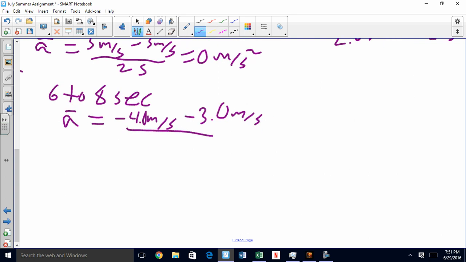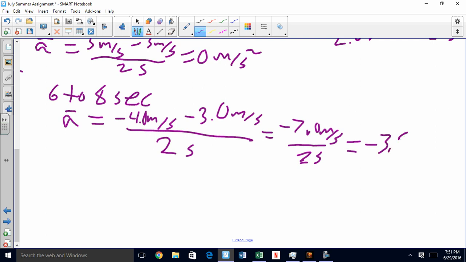And again, 6 to 8 seconds would be 2 seconds, so -7.0 meters per second divided by 2 seconds, which would be -3.5 meters per second squared.